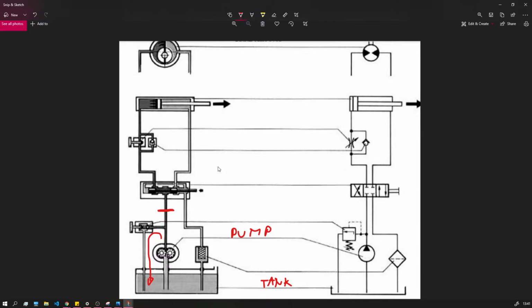So basically, if we had two relief valves in the system, one set to 120 bars and one set to 100 bars, the 100 bars will be the set pressure for the system, because that will start to bypass the flow coming from the pump before the one that's 120.